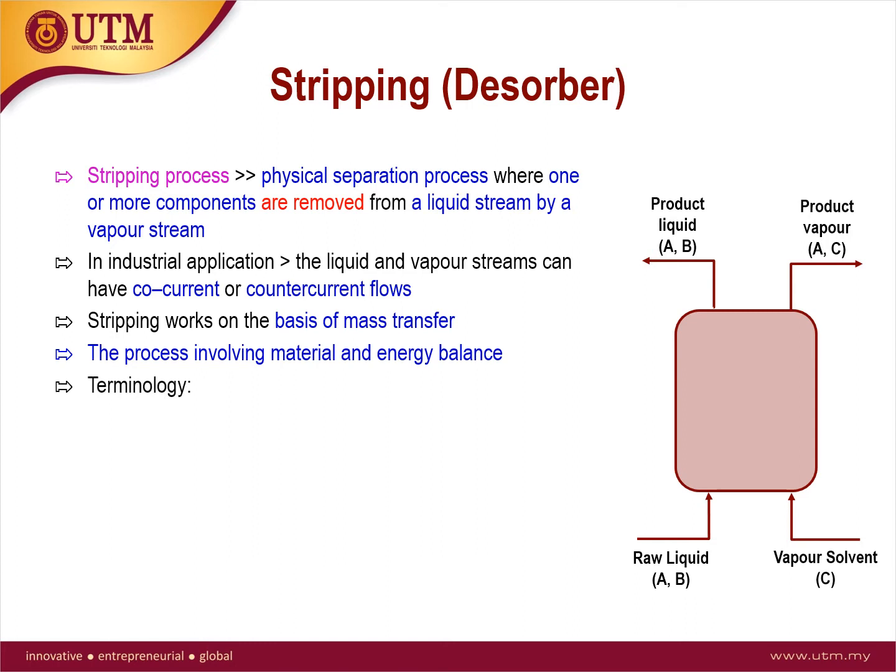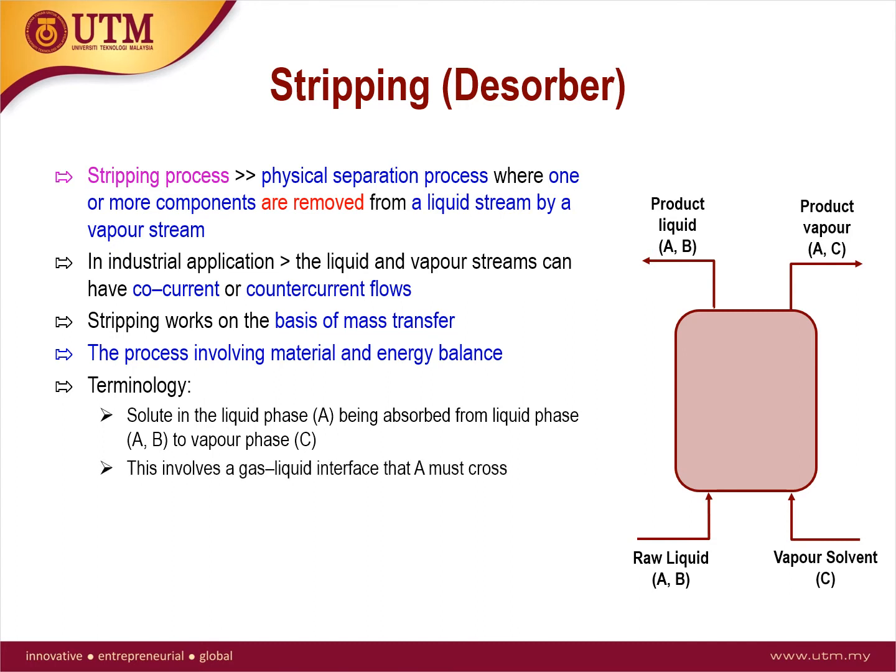The raw liquid that consists of A and B is being separated by using the vapor solvent C. The solute A is being absorbed from the liquid mixture of A and B to the vapor phase C. In order to make it faster and easier, the heat, which is the driving force, will be applied to create the ability for component A, the solute, to be easily diffused to the vapor component C. And this involves the gas-liquid interface that A must cross.